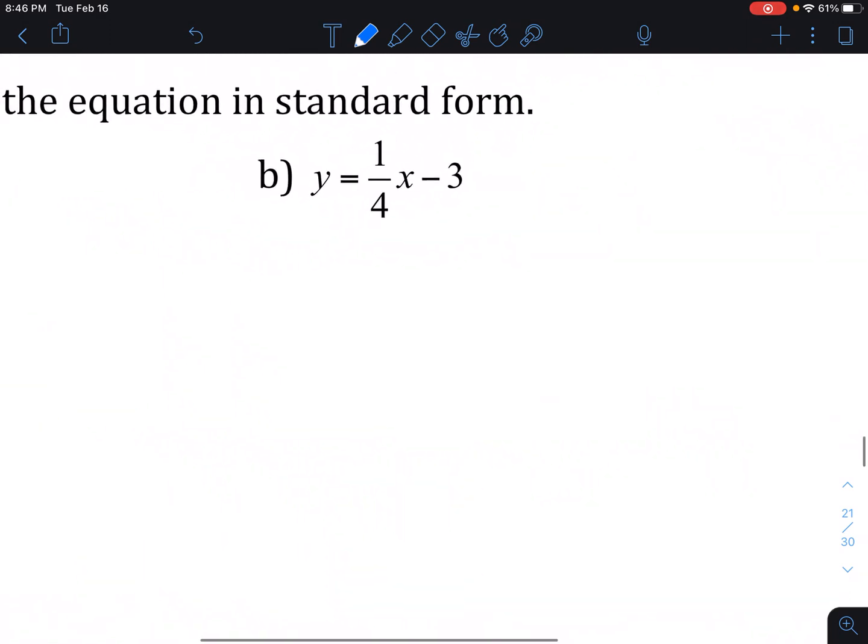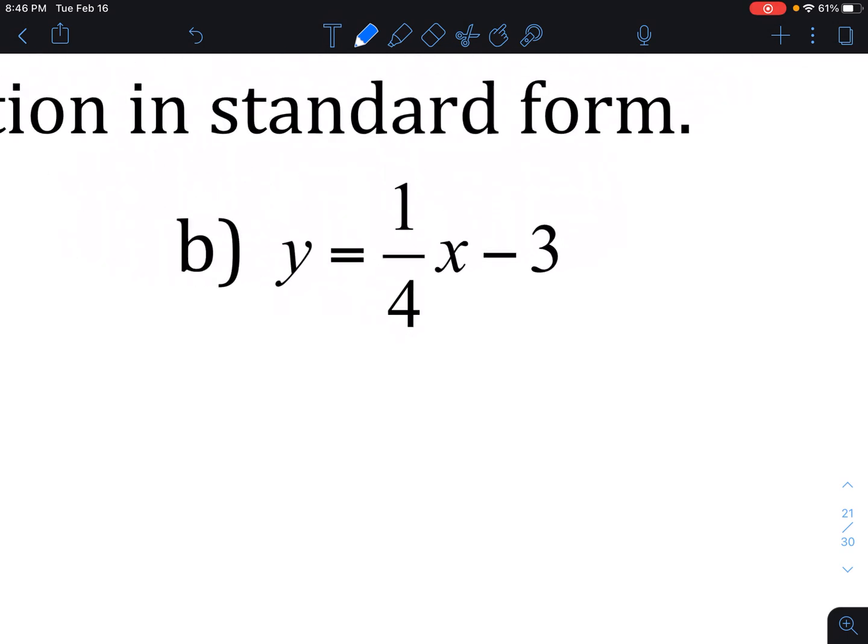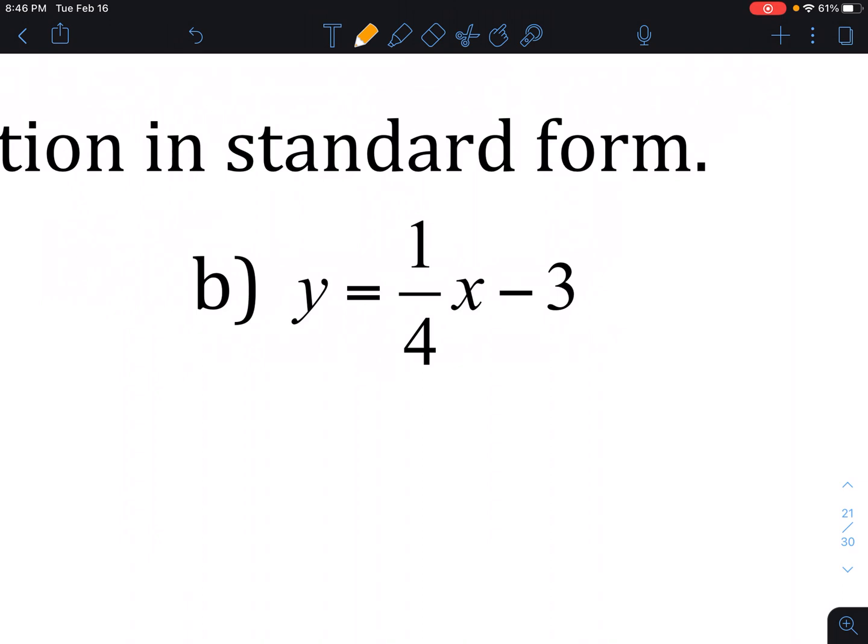Okay, letter B. Actually, let me show you something. If you don't want to move the 1/4 x term to the left side of the equal sign right away, you can get rid of the fraction right away if you want to. So, how do I do that? We want to multiply everything by what?